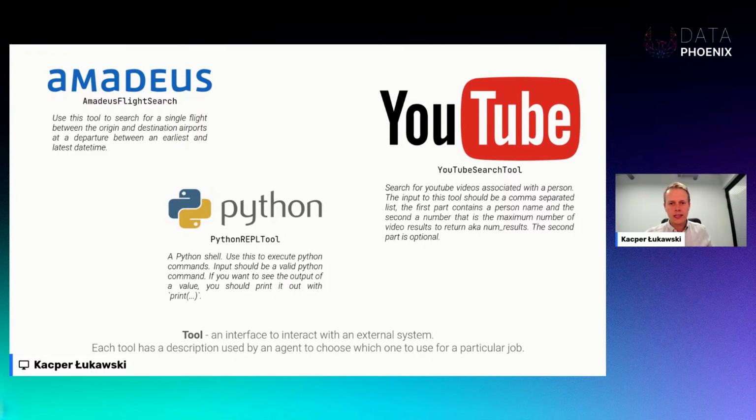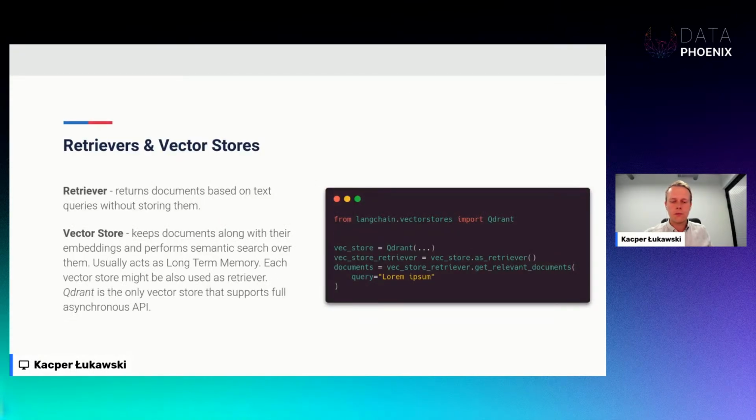And a tool is not an agent. That is a question that I can see right now. A tool is not an agent. An agent is something that uses tools, but is not a tool itself. I will describe what the meaning of an agent is in a few slides.